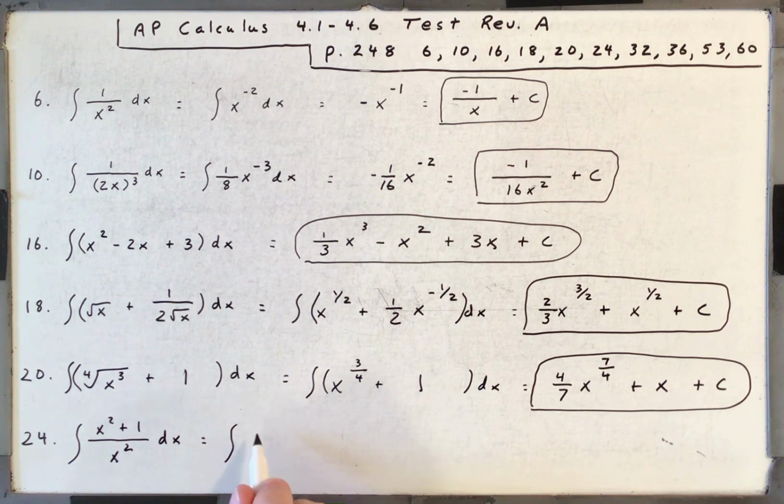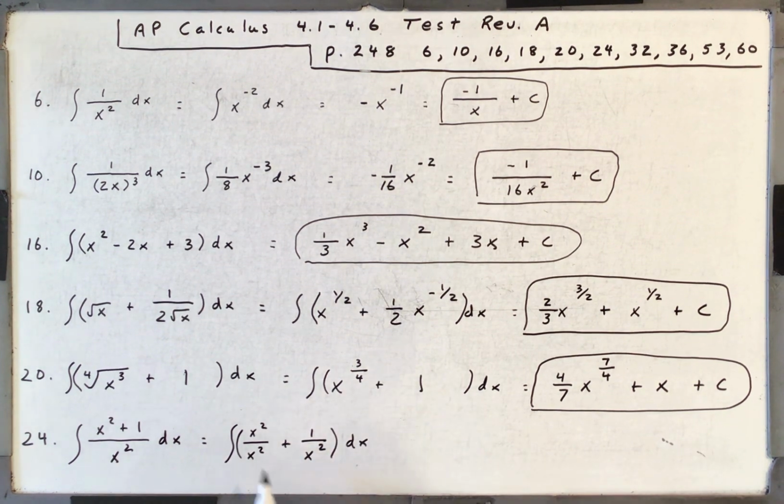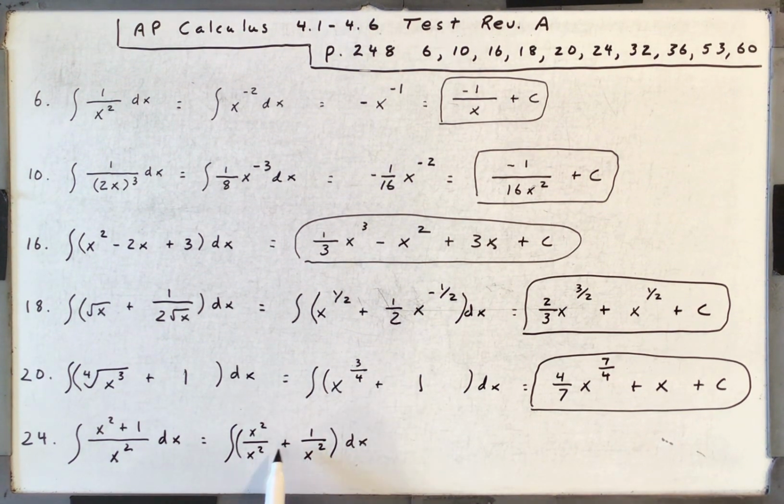I'm going to do an extra step here, but this is the same as x squared over x squared plus 1 over x squared. I've had students that struggle with this, but you see how you have a common denominator. Now, what's x squared over x squared? That's just 1. What is 1 over x squared? That would be x to the minus 2.